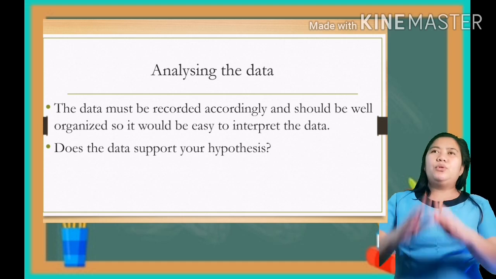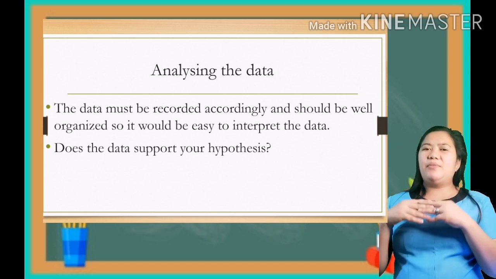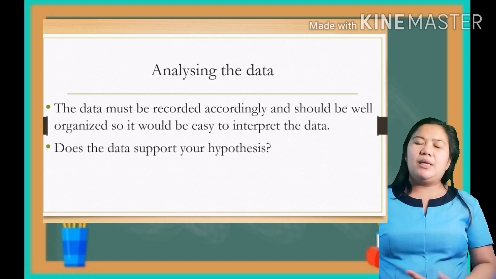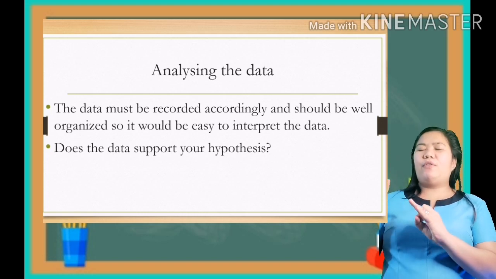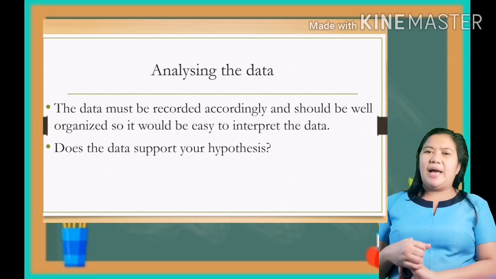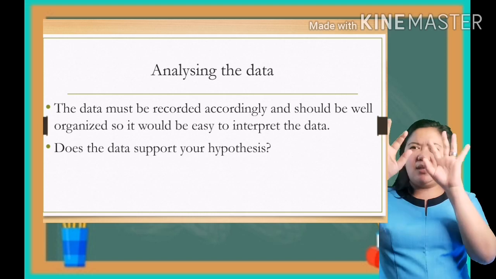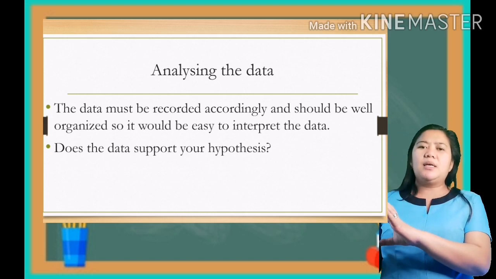So you need to make a table so that it would be very clear for you to interpret it. Like, for example, number of days, number of people that will take the vaccine or the plants. So you need to be very specific. And then the growth and development.